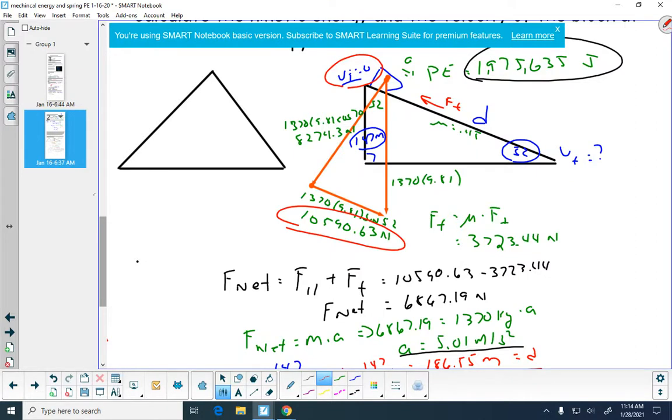When you have friction in there, you have to take care of the friction idea also. The energies will not be conserved. But if this was a ski slope on ice going down, then the energies at the bottom would be the same as the energies at the top. But since we have friction, we have to take that into account.